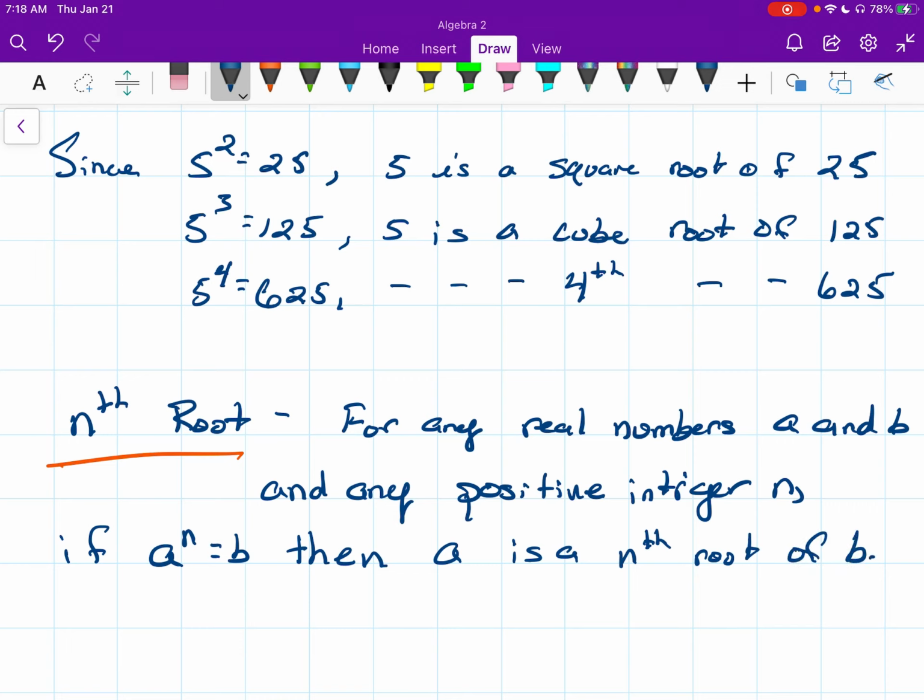Okay, that is basically just the written version of what I said earlier, right? After we get to the 4th, we just call it the nth root, or the 5th root, the 10th root, the 20th root, right?